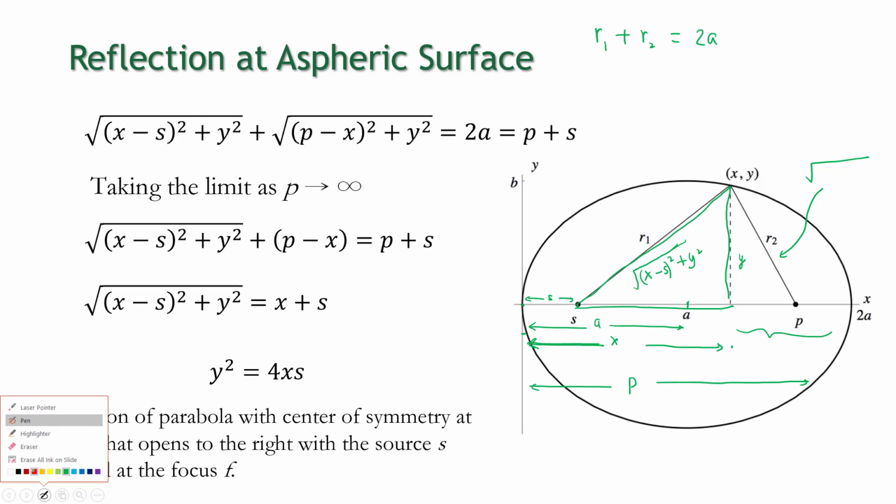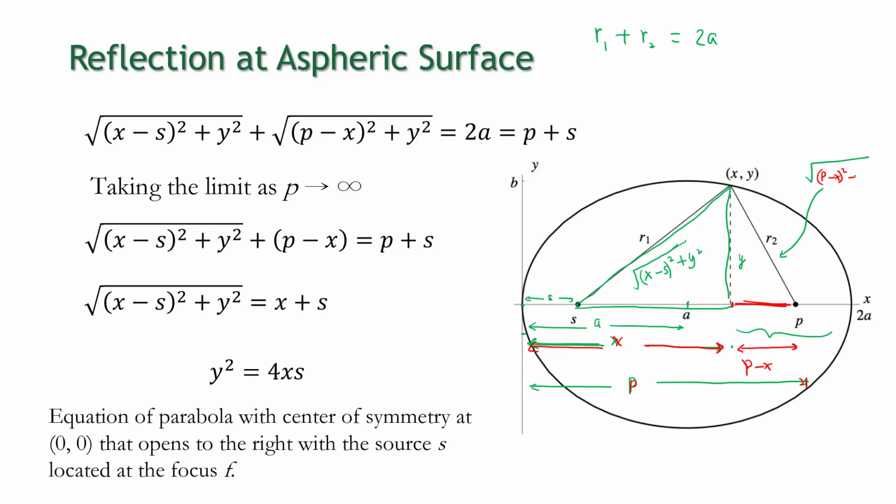Let us use a different color to make it distinct. So this is x, and that whole thing is p. That means this distance would be what? From p to the origin is p, and from this base to the origin is x. So this distance is p minus x. So the base squared is p minus x squared, plus the height y squared. So we have R1 is that and R2 is that.